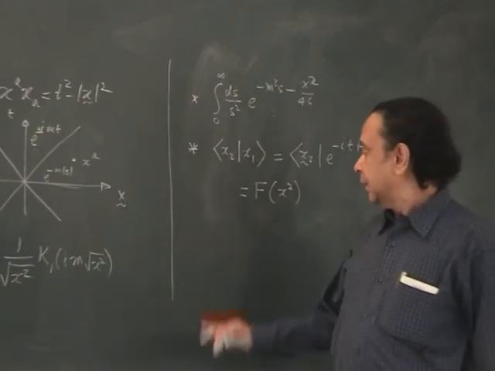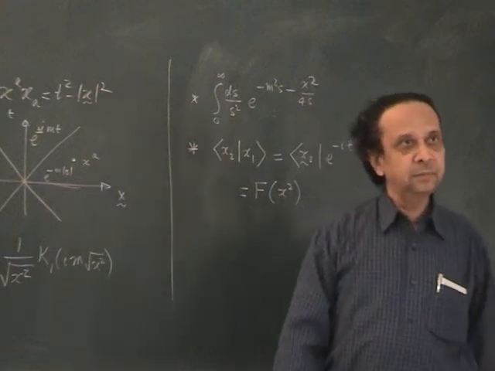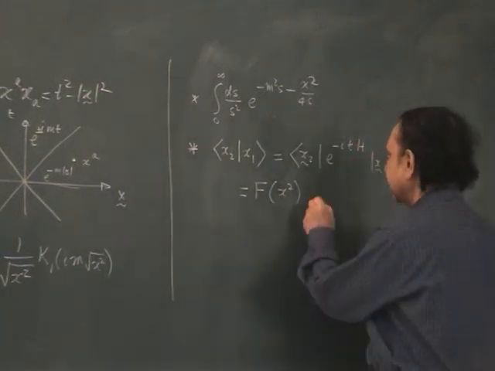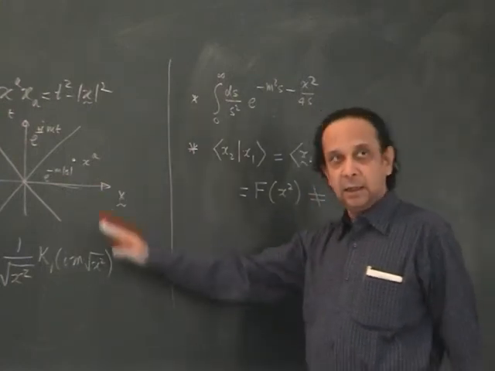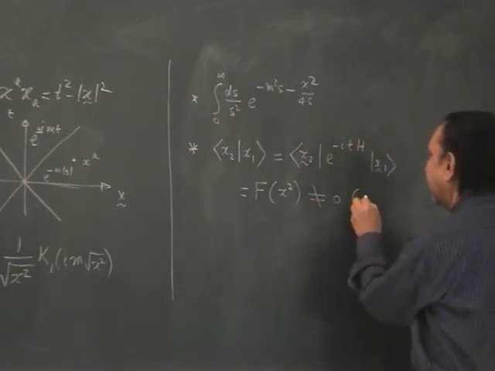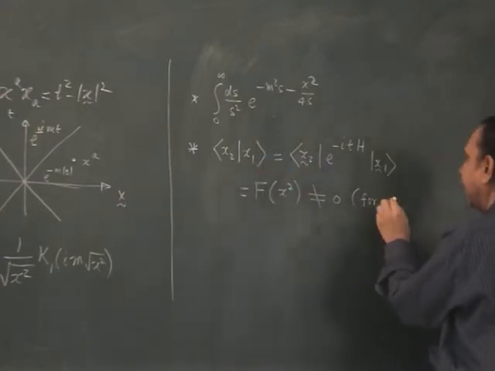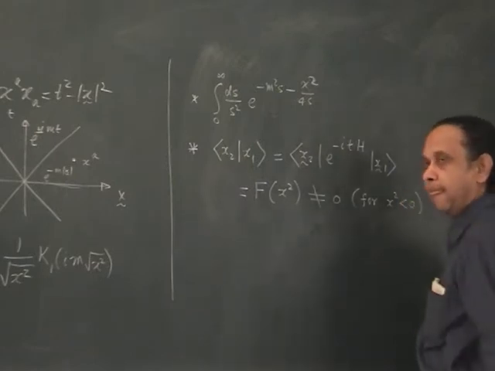Now, suppose this function does not vanish outside the light cone, that is, it is not zero on the domain outside, which would be represented by x squared less than 0 in our notation.